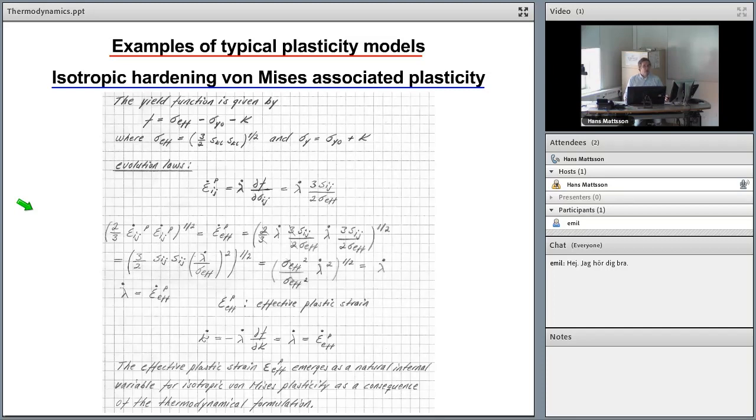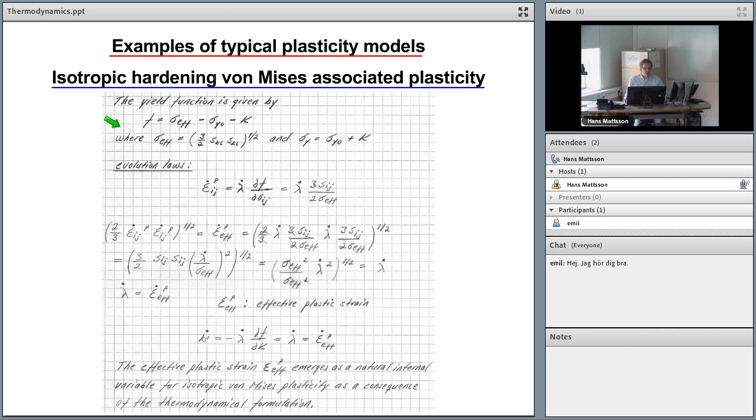To get these internal variables, we have to specify some constitutive models, and we once again go to the isotropic hardening von Mises model with associated plasticity. Just as an example, you can choose other models to try this out.